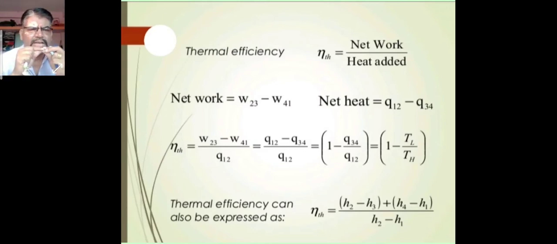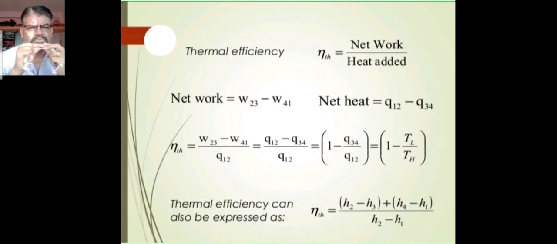So finally it is given by 1 minus TL upon TH, in terms of TL and TH, where TL is lower temperature and TH is higher temperature. So 1 minus TL upon TH is nothing but TH minus TL divided by TH.